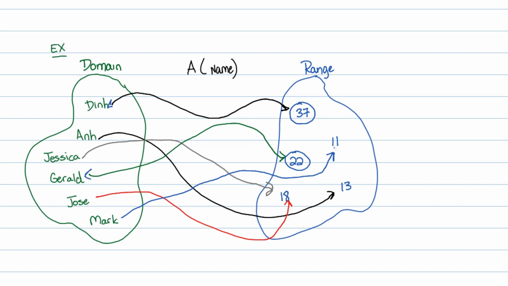If you told me 11, that belongs to Mark, and the age 13 belongs to On. But if you told me the age 18, that's the one that breaks it. 18 belongs to either Jose or Jessica.